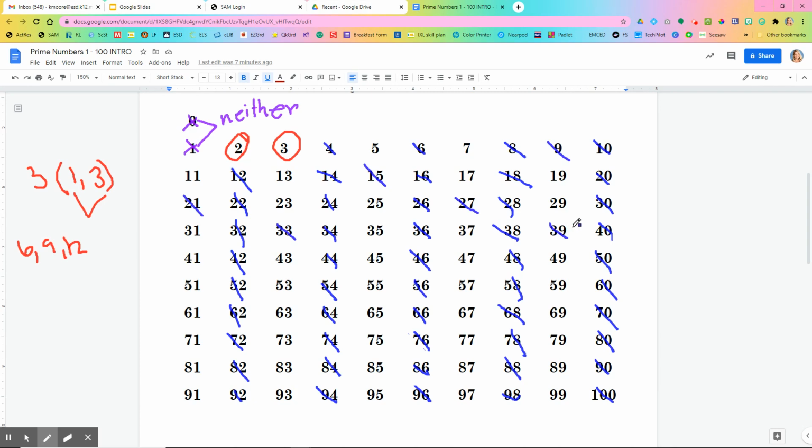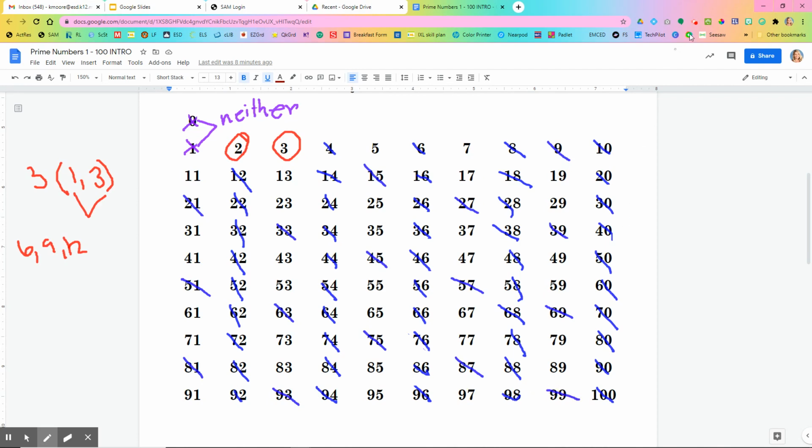3 plus 9 is 12, and 3 will go into 12, so 3 will go into 39. 4 plus 5 is 9. 3 will go into 9, so 45 is divisible by 3. 51 is divisible by 3 because 5 plus 1 is 6. 57 is divisible by 3. 63, 69, 75, 81, 87, 93 are divisible by 3.